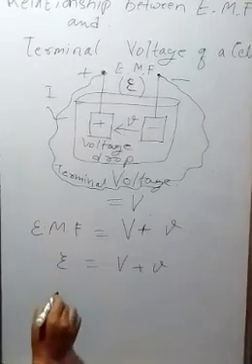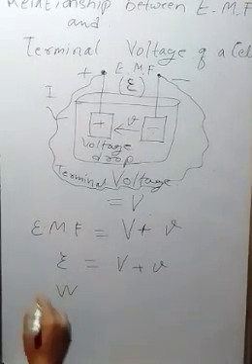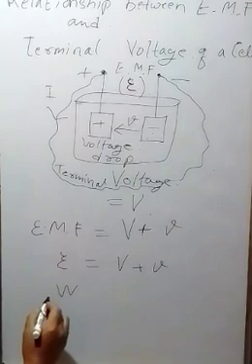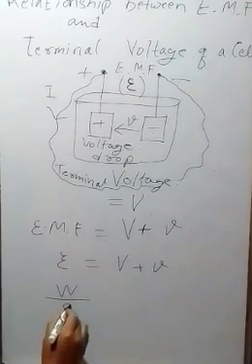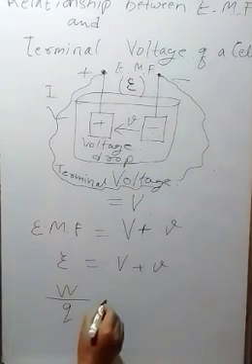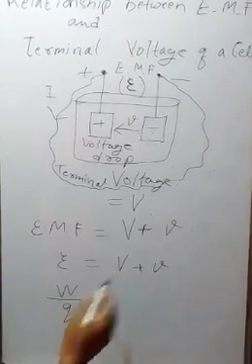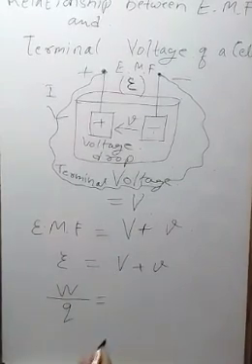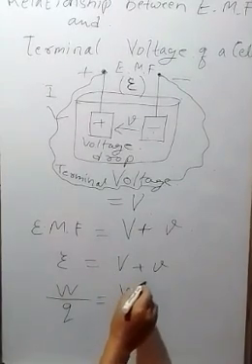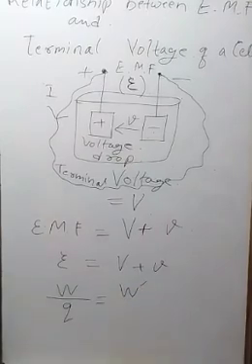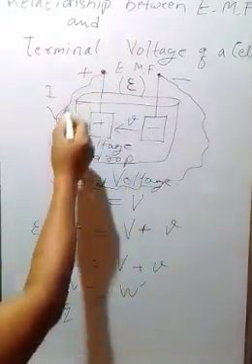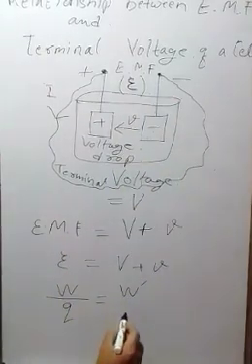And what is the E.M.F? E.M.F is the work done W before the flow, for a positive charge Q. And what is terminal voltage? Terminal voltage is the work done, W dash, when the positive charge Q flows through the wire outside.